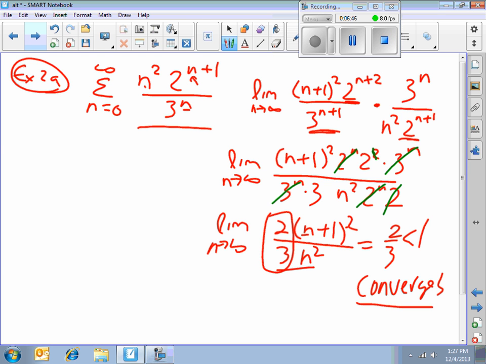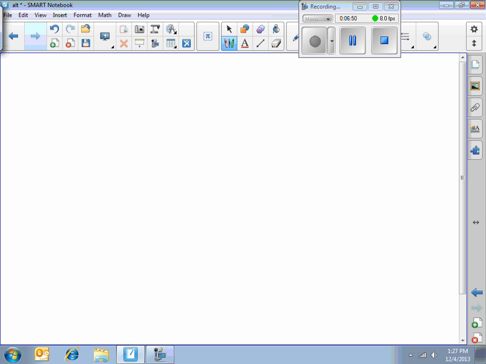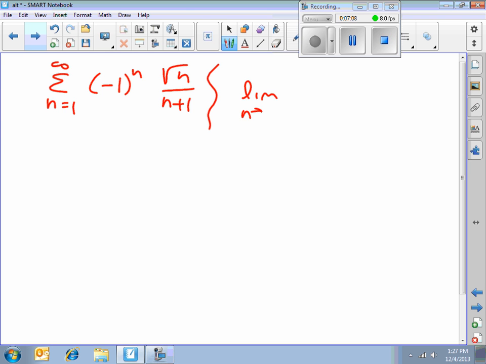All right, now let's look at another example. And this one, we're going to say from 1 to infinity, negative 1 to the n, square root of n over n plus 1. All right, setting this up as the ratio test. Remember, it's the absolute value. So it's the limit as n approaches infinity of the absolute value.